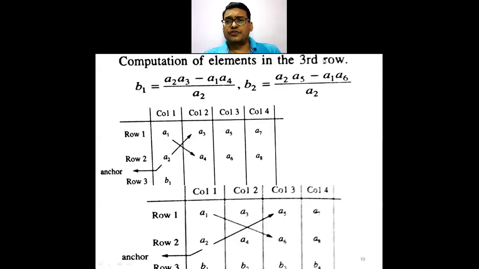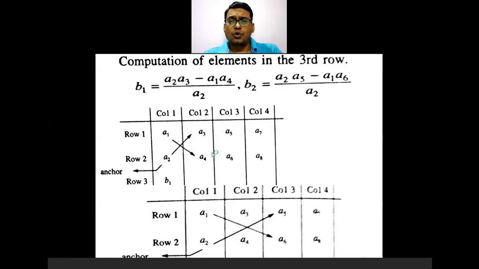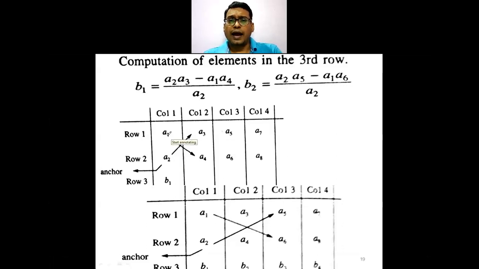Looking at this figure, a2 and a3 are there, minus a1 and a4, divided by this a2.